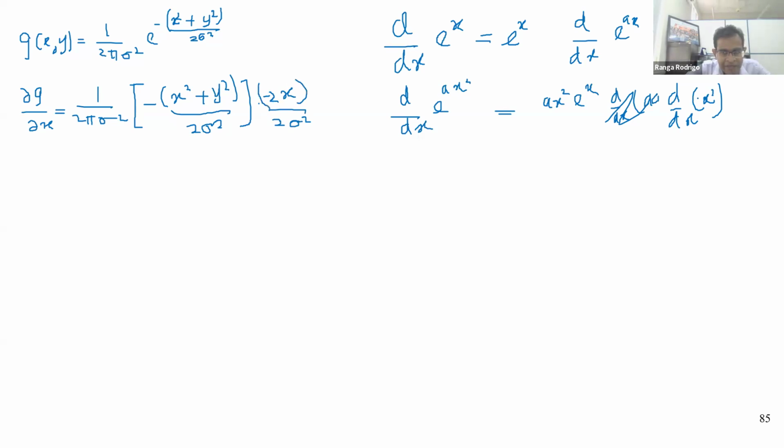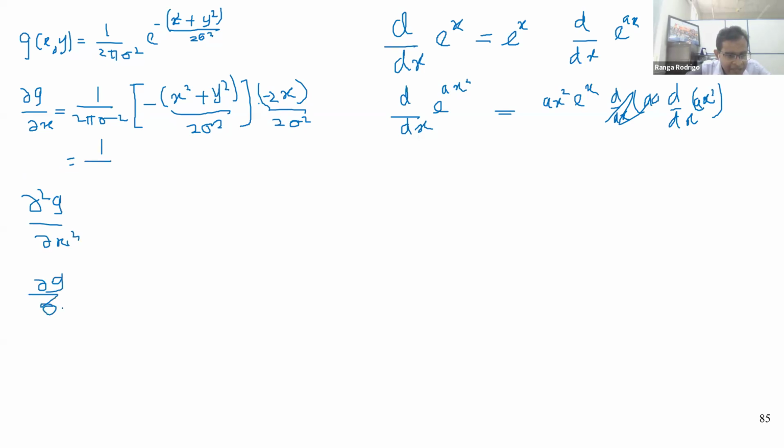Here, I forgot the a, right? So now after that you have to get del squared g by del x squared. Then you have to similarly get del g by del y.